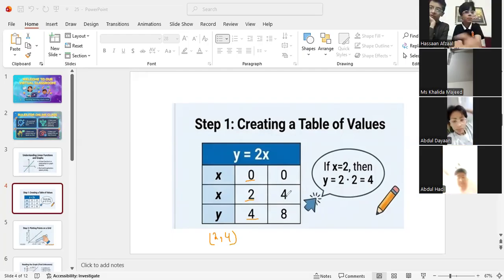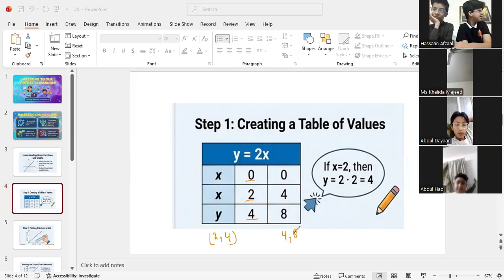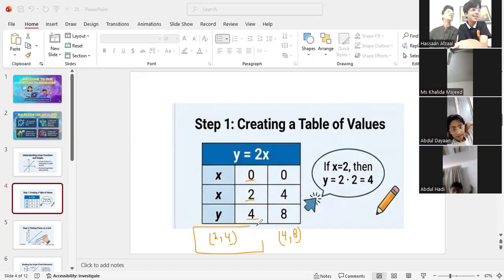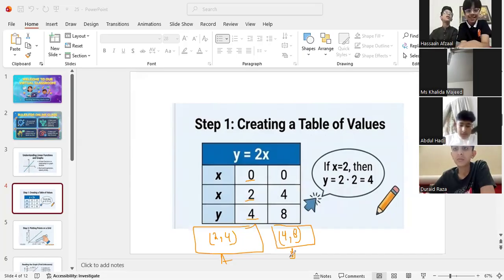If the value of x is 4, the value of y is 8, so I have the other coordinate, 4 and 8. Two of the points are here, A and B. I can easily draw the graph of this shape.